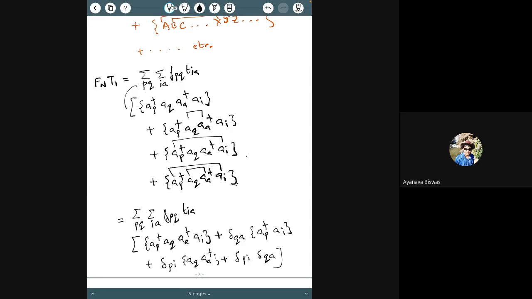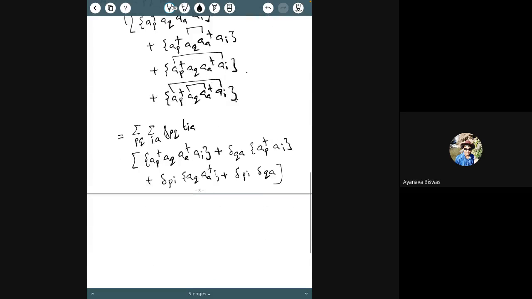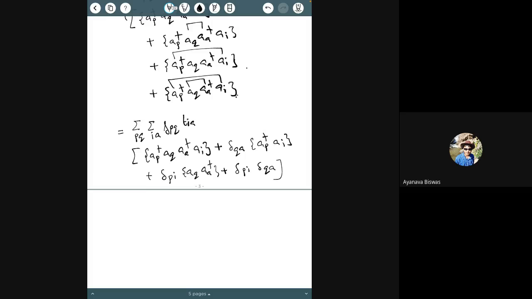Okay. So now I can, of course, simplify my delta functions as I like and get the final expression. You can do that yourself, no problem.